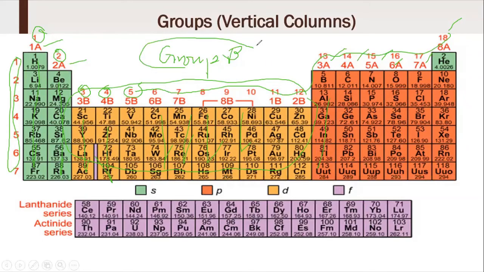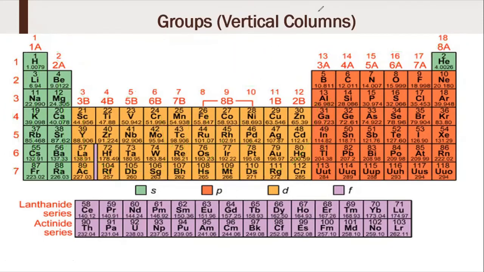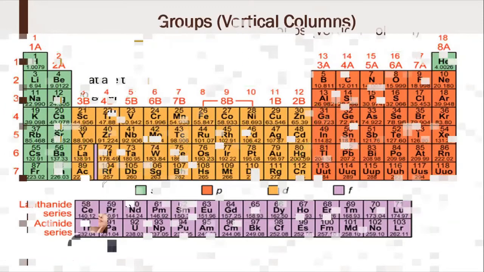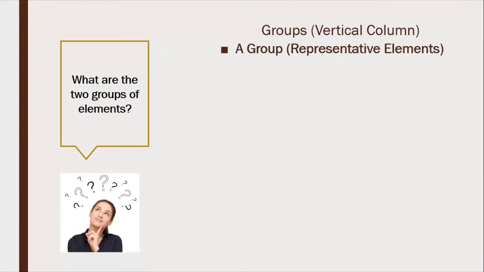Para malaman natin, ma'am, ano po ba ang group A at ano po ba ang group B? Pag sinabi natin group A, these are different groups na tinatawag natin. Under ng group A, we have 8.